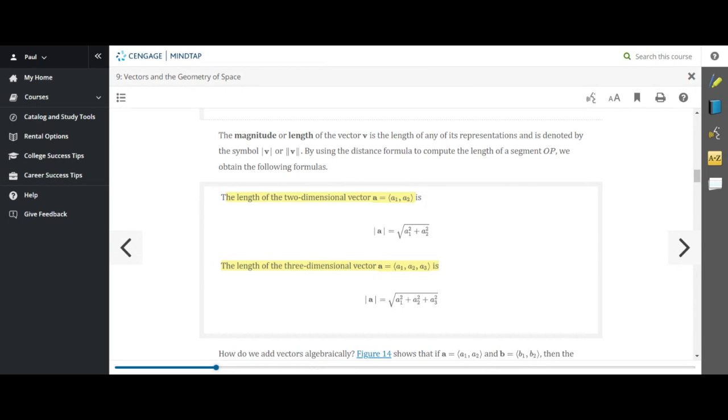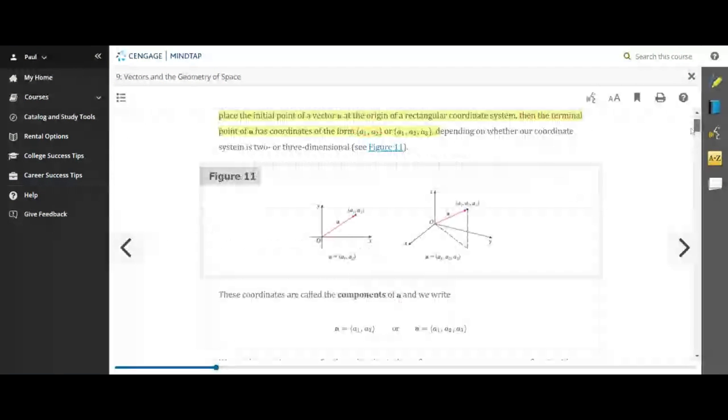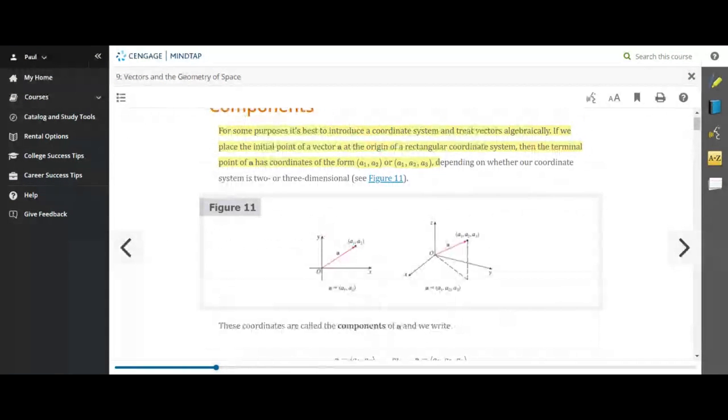You see here in figure 11, on the left, if you were to complete a right triangle there, the vector A would be the hypotenuse of a right triangle, where the bottom leg would be A1, and the leg going up and down on the right would be A2.